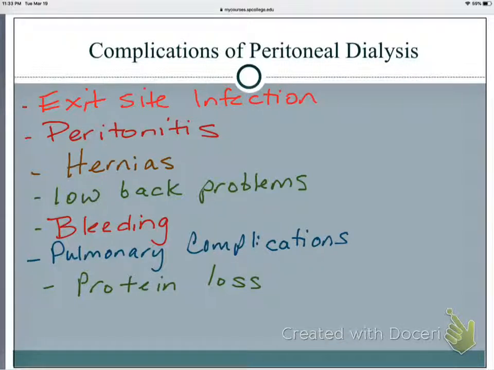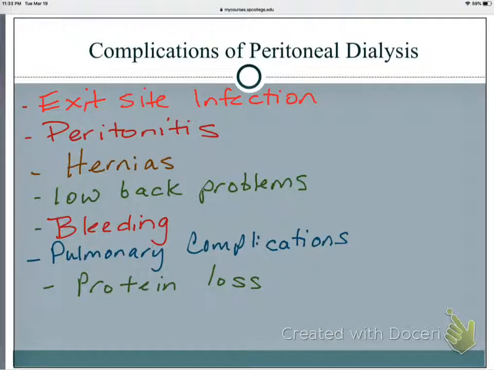Another complication is hernias. People get these lifting too much, right? Pulling the wrong way. So nurses need to take care of their backs, right? We get hernias. With increased abdominal pressures because of the dialysate, with peritoneal dialysis, this can cause hernias. Weakening of the muscle.